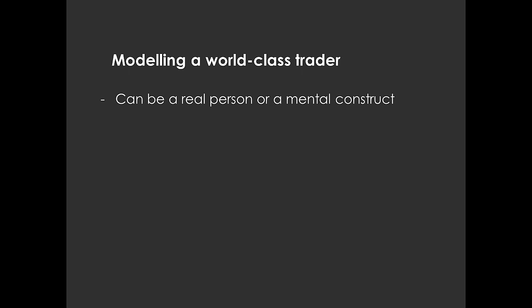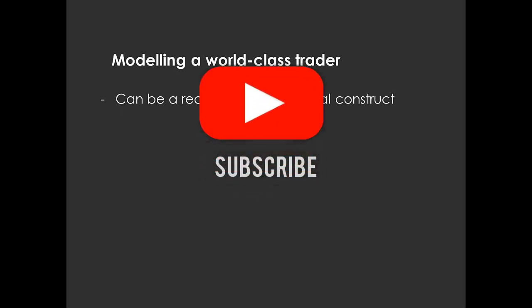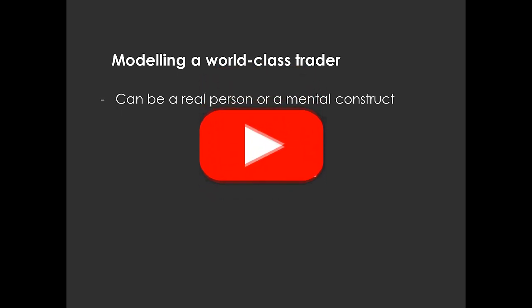Or maybe you read one of those Market Wizards books and one of those traders really resonated with you and you felt, wow, this guy's a great trader and I'd like to be like them, right? That's one option. Or you can create a mental construct of what a world-class trader would be like, an imaginary person that you can use to model yourself against.